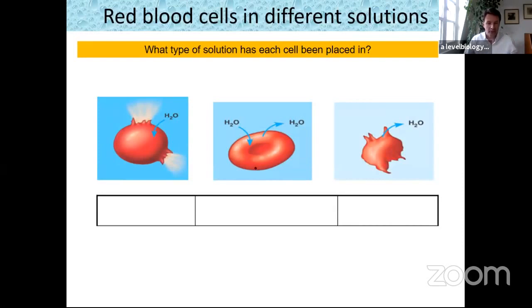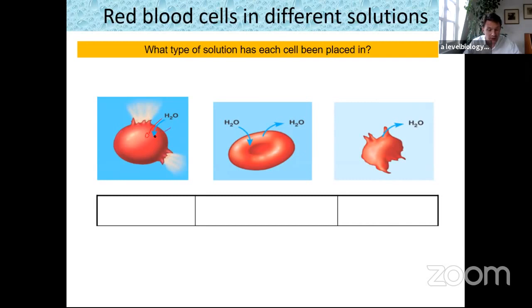Now, if we take a red blood cell and put it into a solution where it has a less negative water potential, then water will move in. Remember, water moves until the water potentials are the same. The phospholipid bilayer doesn't have any tensile strength.